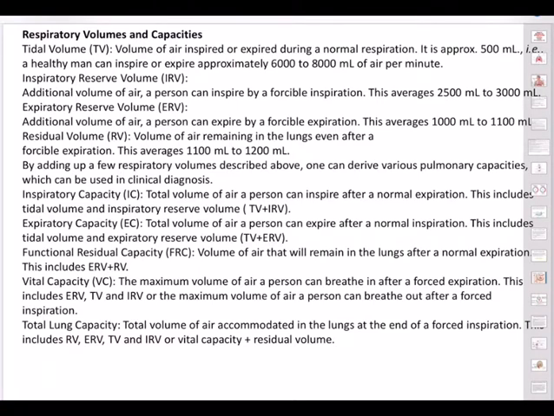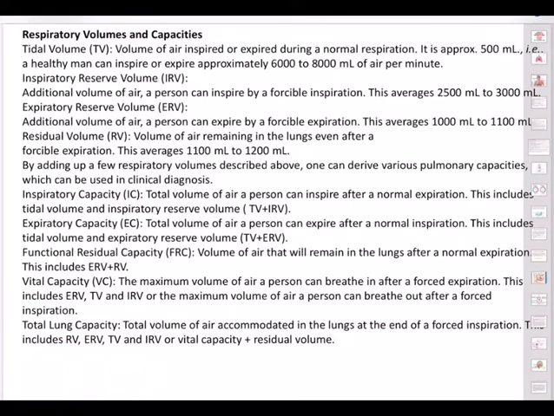And next we go to FRC. FRC is functional residual capacity. It is the volume of air that will remain in the lungs after a normal expiration. So FRC can be around 2100 ml to 2300 ml. So 2100 to 2300.